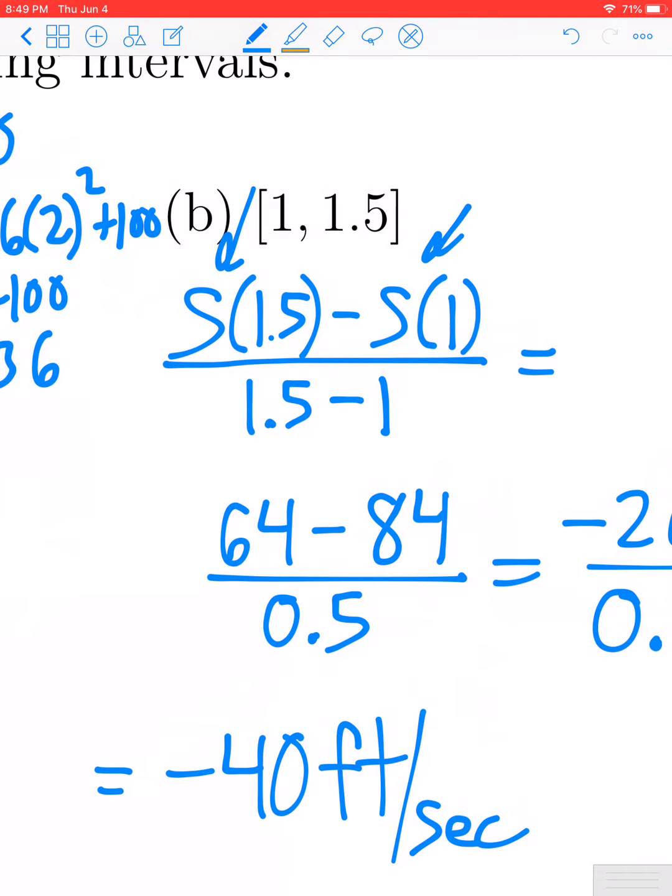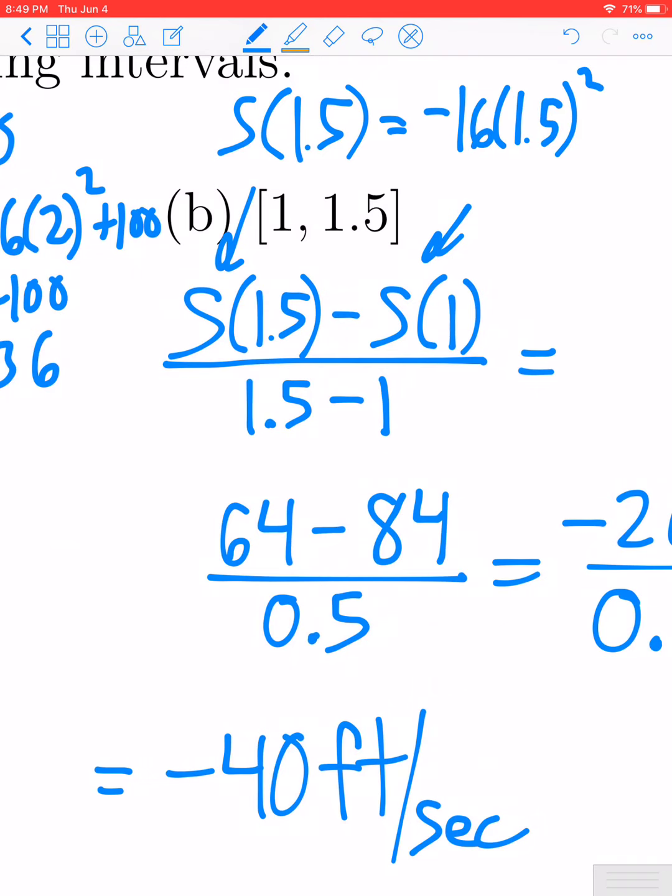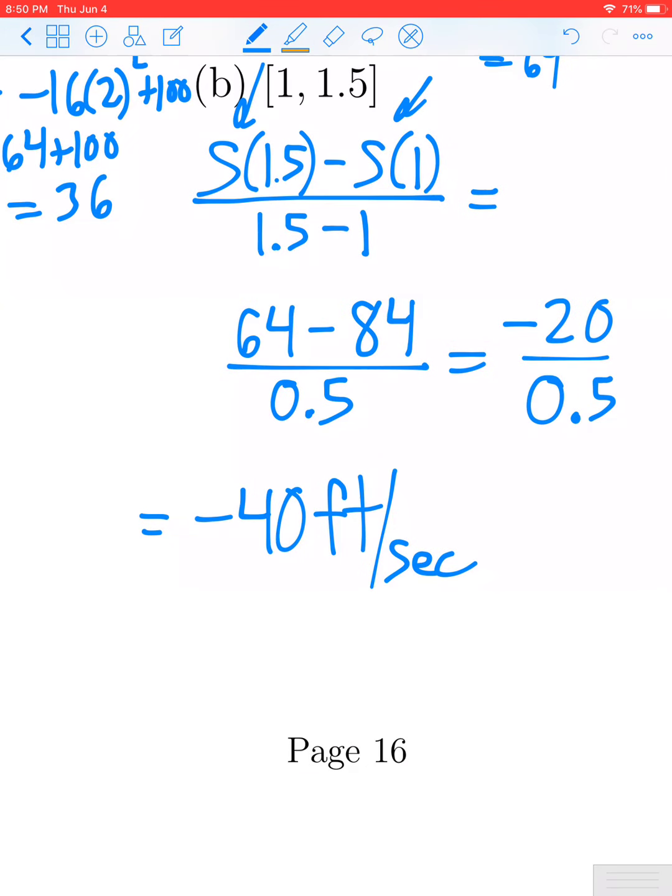I'm not going to work it out, because this is what calculators are great at. It's negative 16 times 1.5 squared plus 100, and you should find that value is 64. So it's 64 minus 84 divided by 0.5, which is negative 20 divided by 0.5, which is negative 40 feet per second.